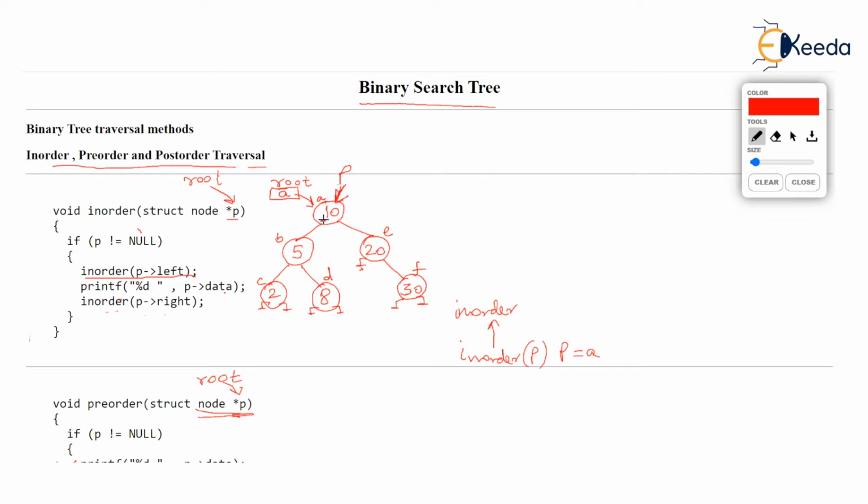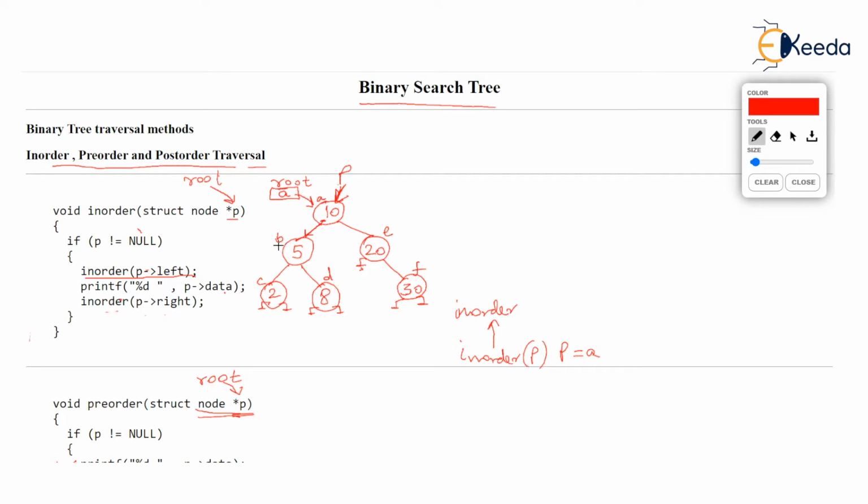In fact, the left pointer is storing address B. I hope you understand. What is the left pointer of 10 storing? The address of I, and address of I is B. So we are literally passing the address of the left child of 10 to the in-order call. Left child of 10 is at address B.